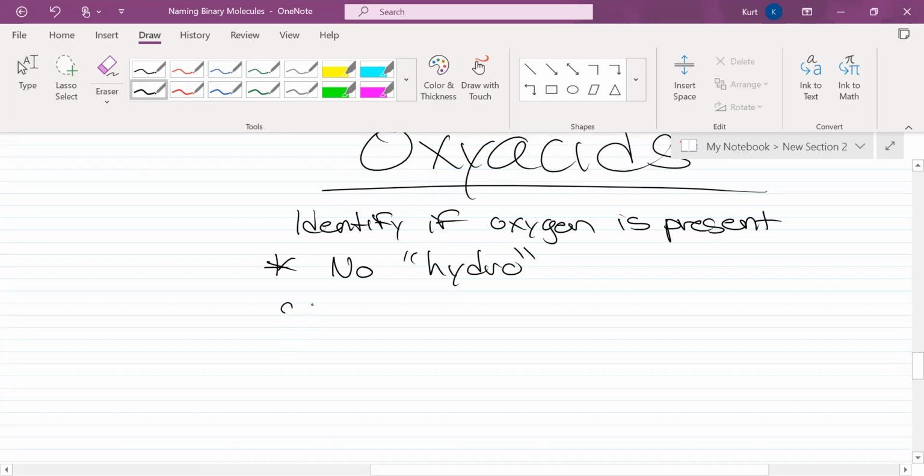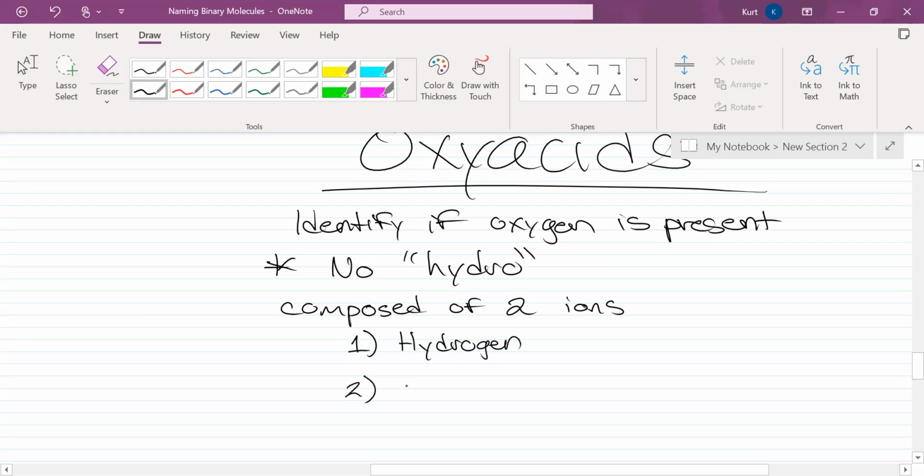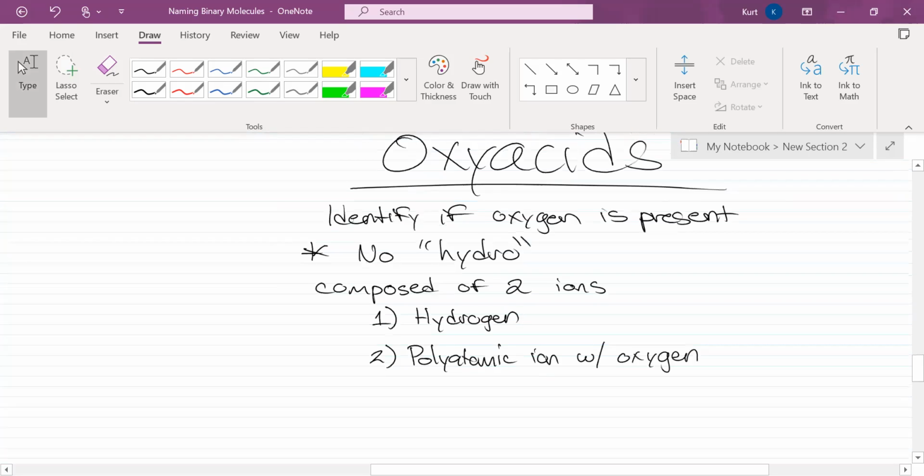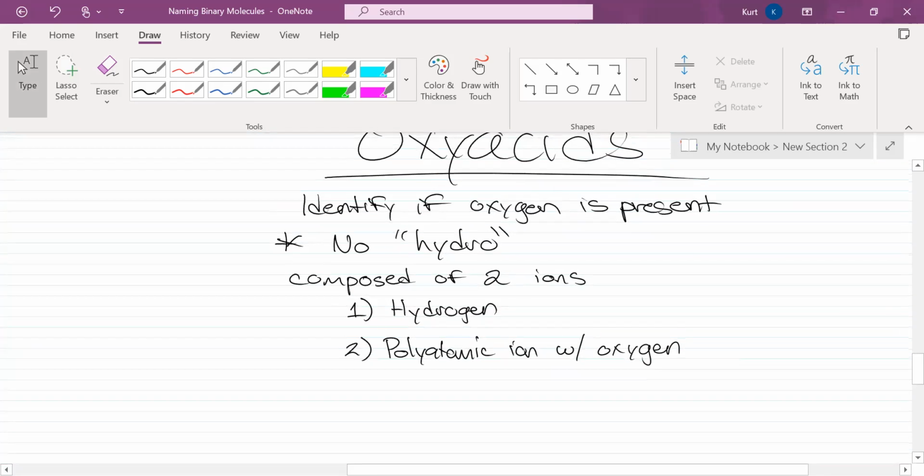An oxyacid is composed of 2 ions. One is hydrogen. 2 is typically a polyatomic ion with oxygen. An oxyion, or oxyanion.